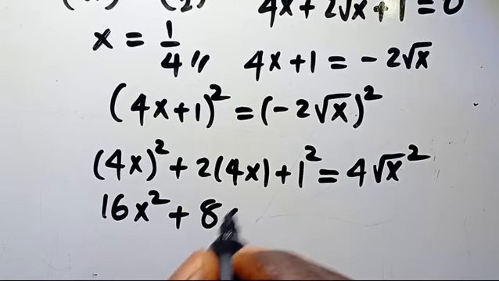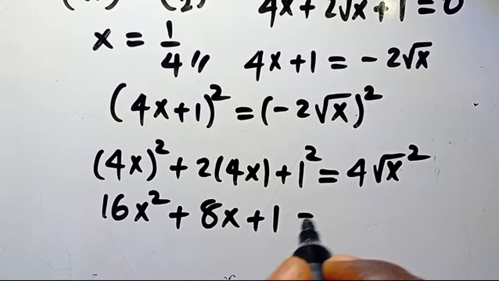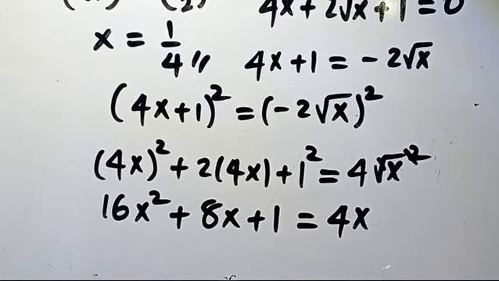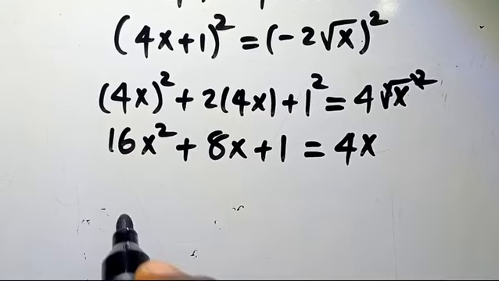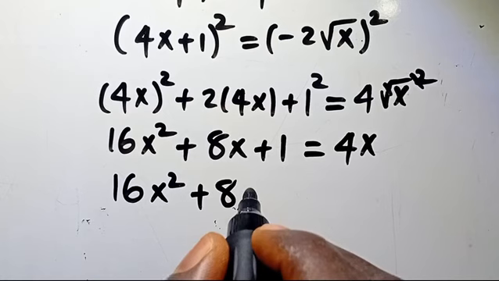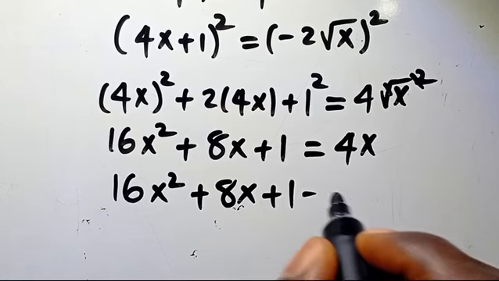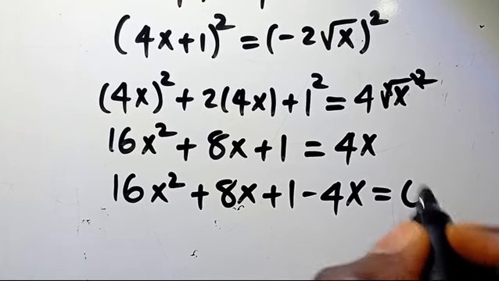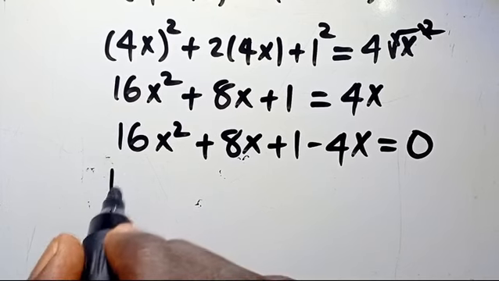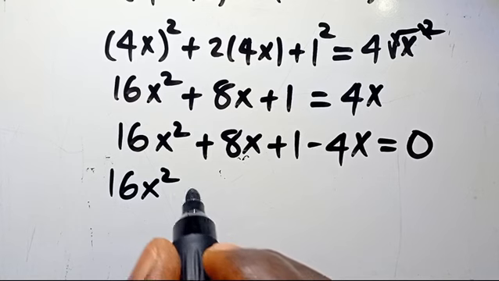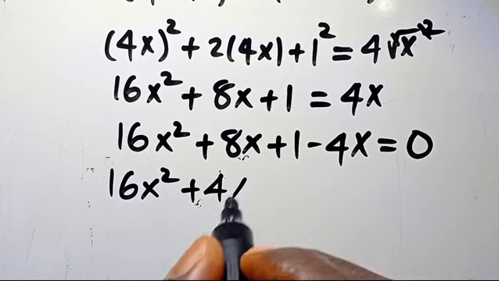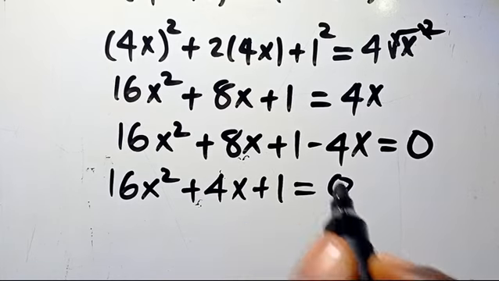This time this will be 8x plus 1 equals 4x. So we have here 16x squared plus 8x plus 1 minus 4x equals 0. We have here 16x squared plus 4x plus 1 equals 0.